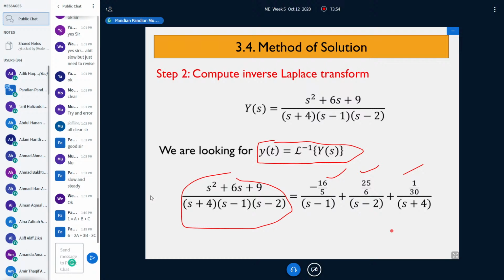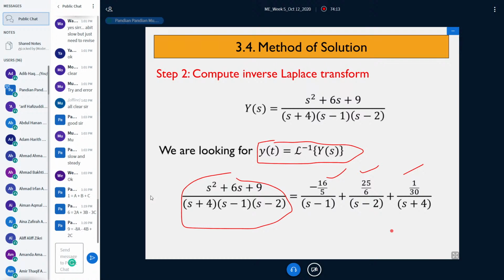So you simplify: 9 equals minus 8A minus 4B plus 2C.